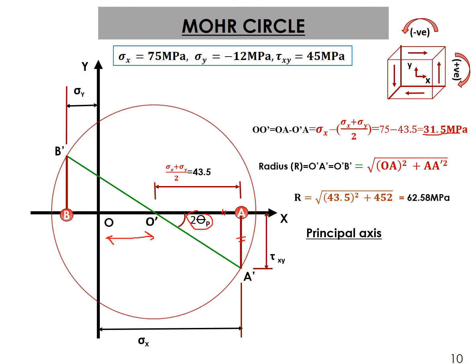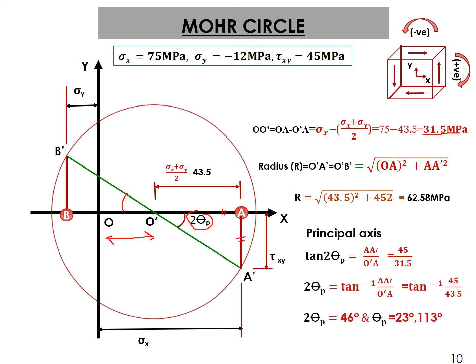So this is also principal axis. This is also principal axis. Take this right triangle, put in the values. See, you get the same value, 23 degrees. You can recall what values we calculated using analytical equations, the same value. So this was the first part, principal axis over.